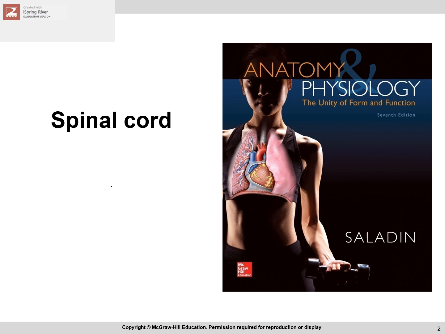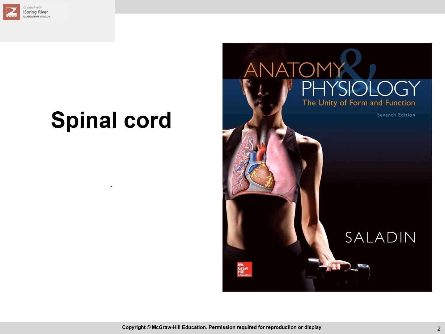Another job of the spinal cord is to also integrate the excitatory and inhibitory signals that arise here before it gets communicated to the central nervous system.